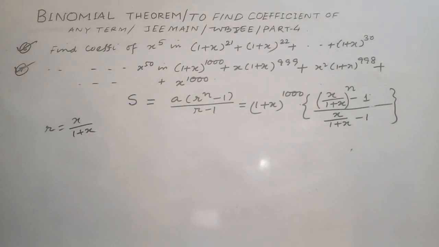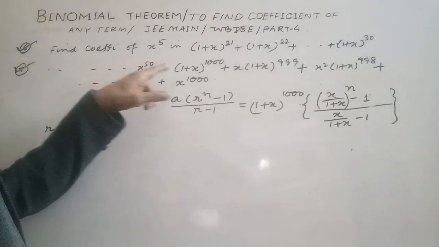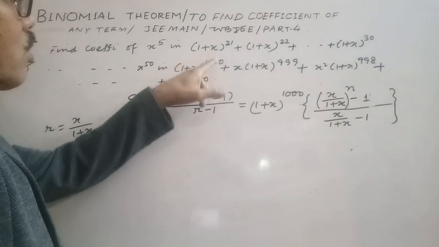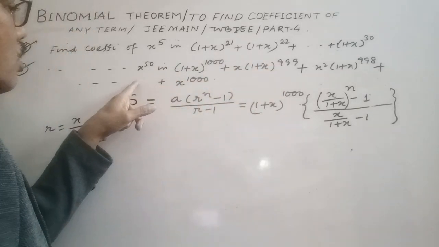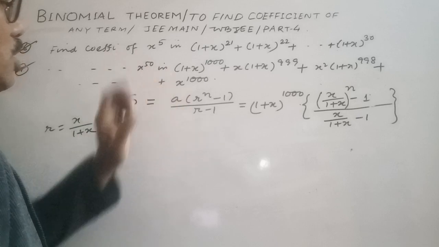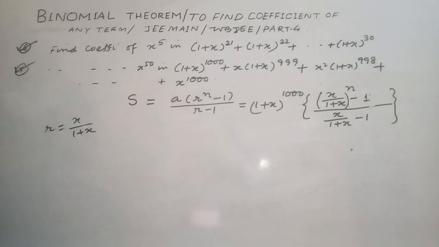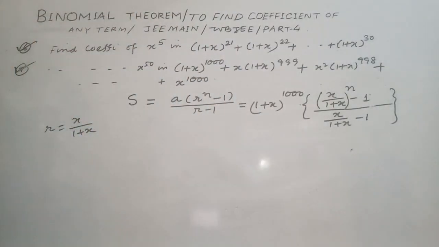So, this is the sum. But how many terms? Look, the terms are 1 plus x whole to the power 1000, 999, then 1 plus x whole to the power 1, then 1 plus x whole to the power 0. So, 1001 terms, not 1000 terms, 1001.